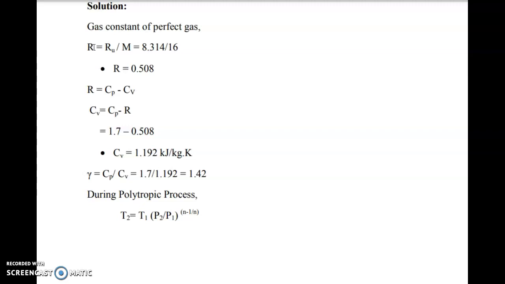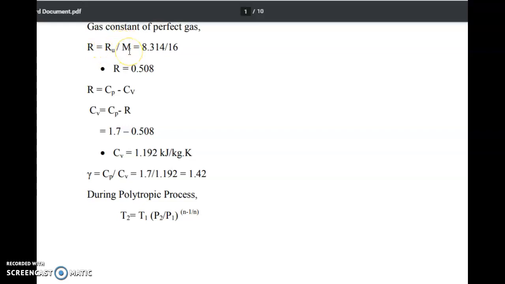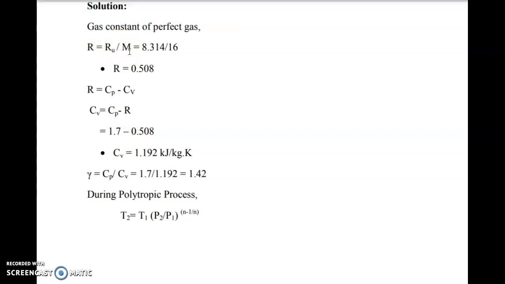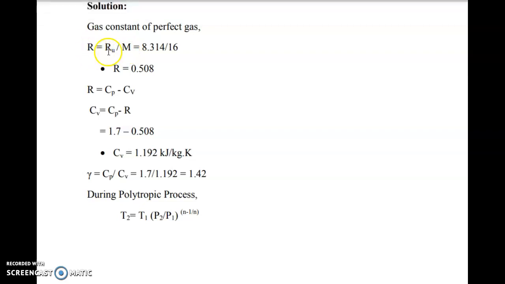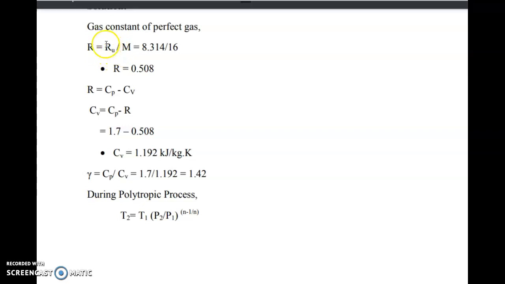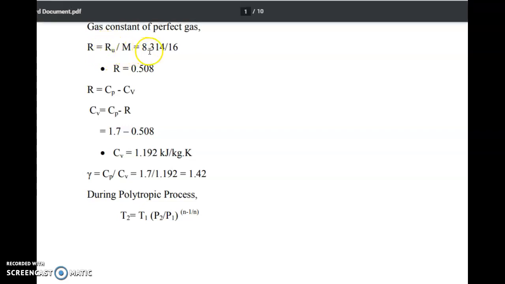R, the gas constant, equals the universal gas constant divided by the molecular weight. For any type of gas, if you want the gas constant, you divide the universal gas constant by that particular gas's molecular weight, and you will get the gas constant of that gas. The universal gas constant is a constant value, 8.314.